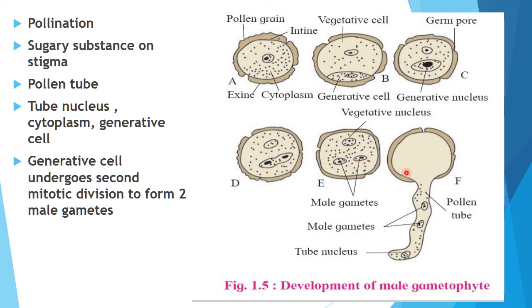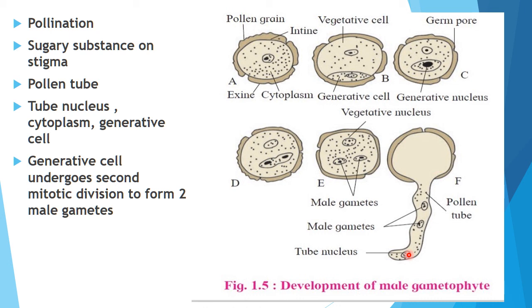Then the cytoplasm with the intine flows out through the germ pore by absorbing the sugary substance on the stigma. The quantity and volume increase, and the pollen tube grows out carrying two male gametes and one tube nucleus.